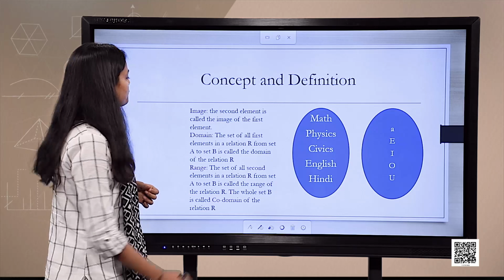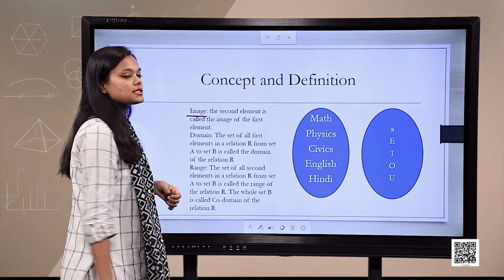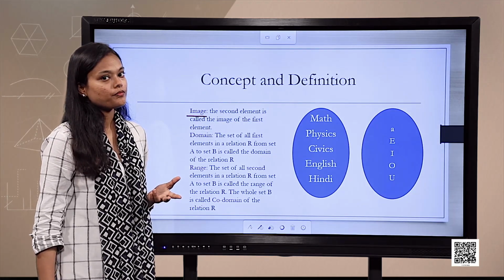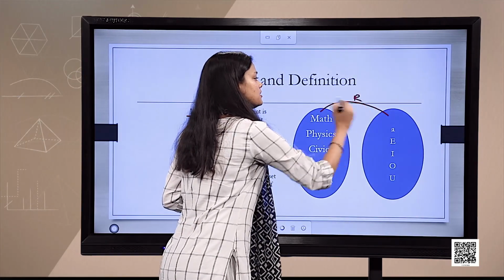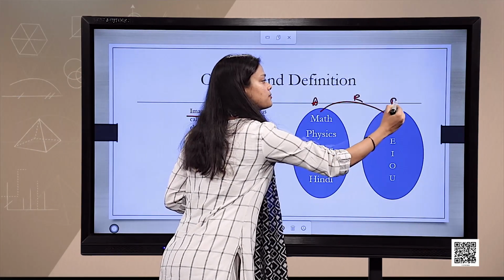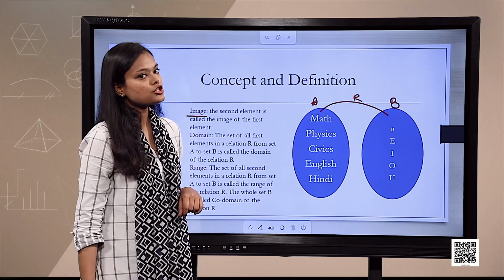In this, the first terminology is our image. Remember what we have seen? This is our relation, set A, set B. What was our relation?